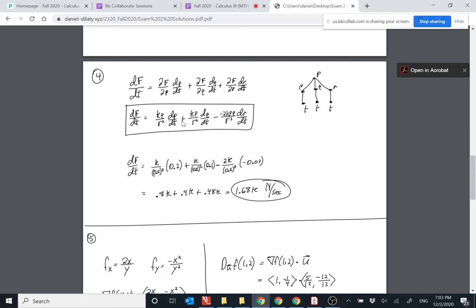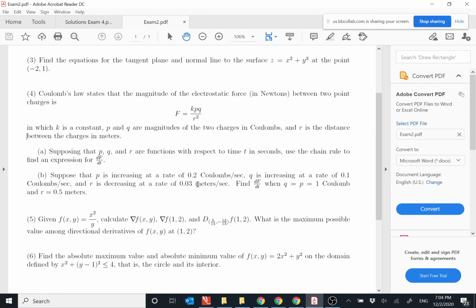This one here. I believe that was it. So number 2, what number was that? Here it is. Yeah, Coulomb's law, number 4 here.